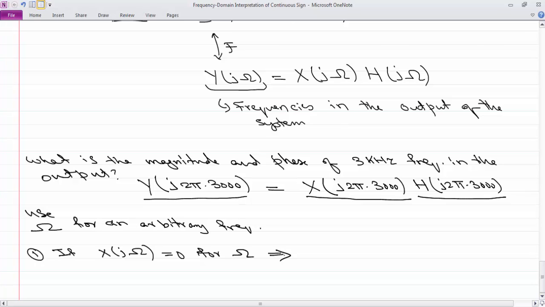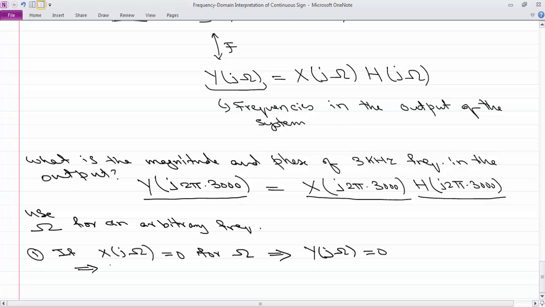The previous example that we saw, the signal had no frequency above 200 hertz. Now, if the input signal does not have a frequency at omega, using the convolution property formula, y(jω) will be equal to 0. Now what does that tell us about the function of an LTI system?